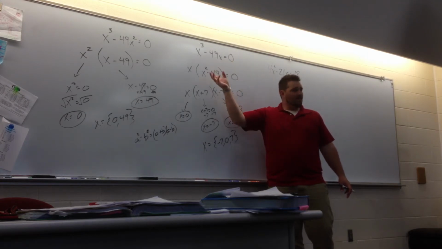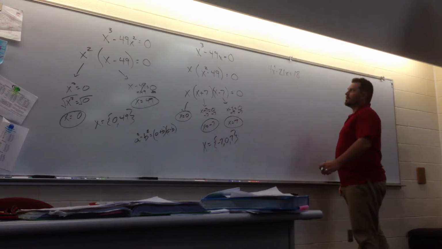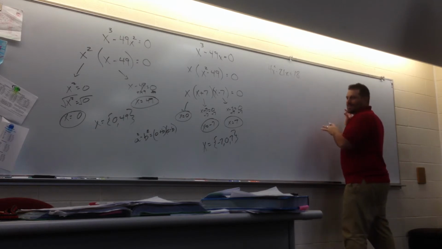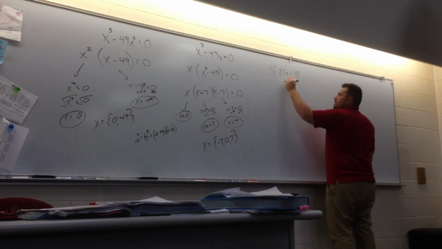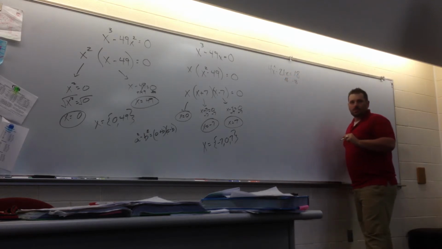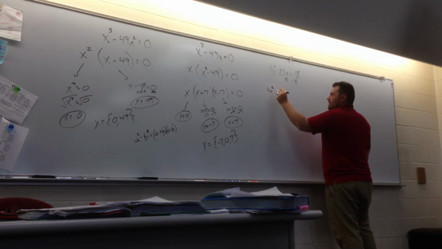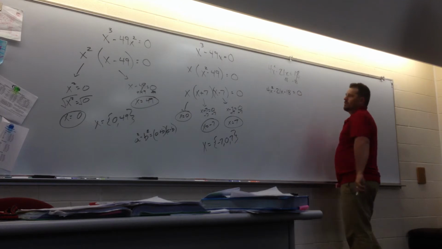Because once it's in standard form, then I can go ahead and start breaking it down. So I want to get everything on one side of the equation. I'm going to start by subtracting 18 from both sides, because that will cancel these out, and then I'll have 4x squared minus 21x minus 18 equals 0.